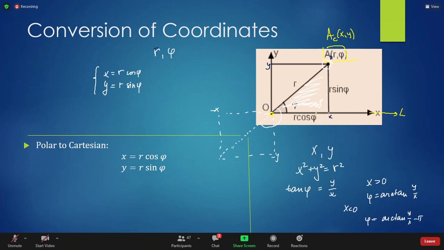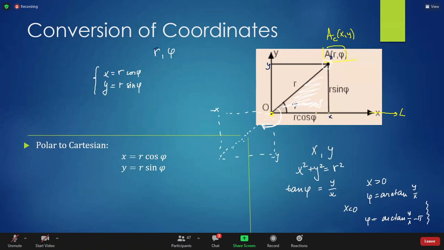Well, in this case, it would be back. In this case, it would be assuming that the angle is from minus pi to pi. There can be some variations. It's not the one and only way of writing down the correct angle for any coordinates.